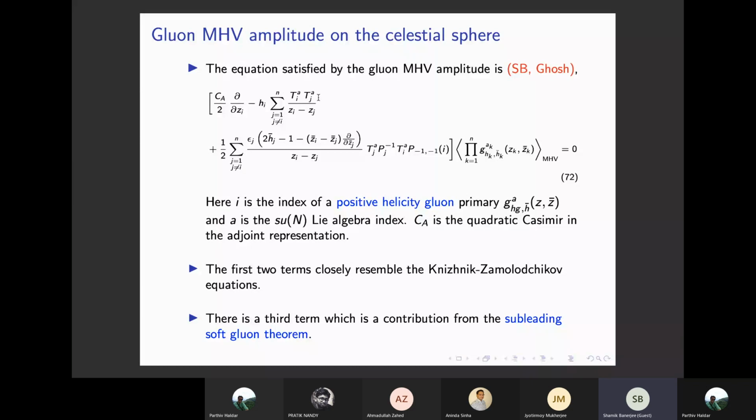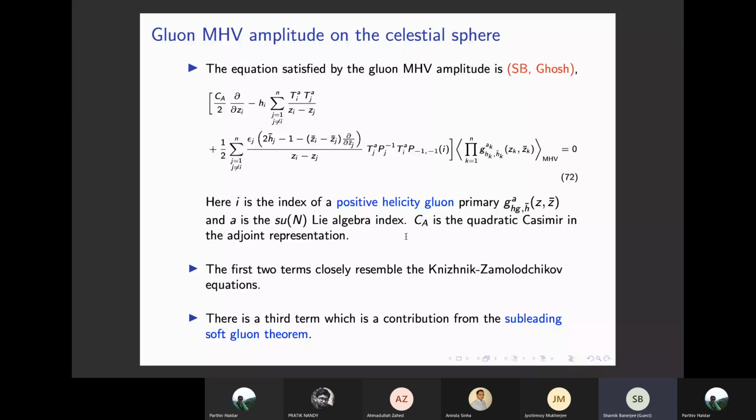Now if you look at the first two terms, they just look like the Knizhnik-Zamolodchikov equations, but the interesting thing is that you get an additional third term, which comes from the subleading soft gluon factorization. So that term has to be there.